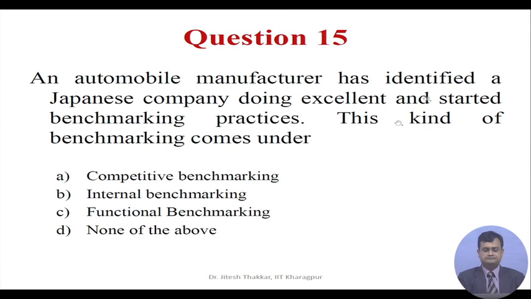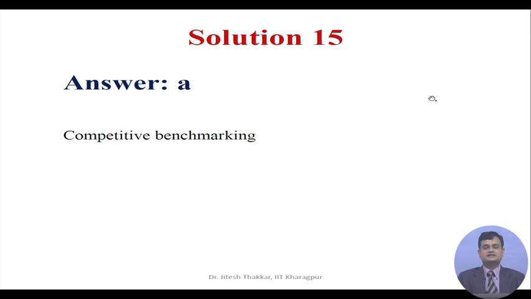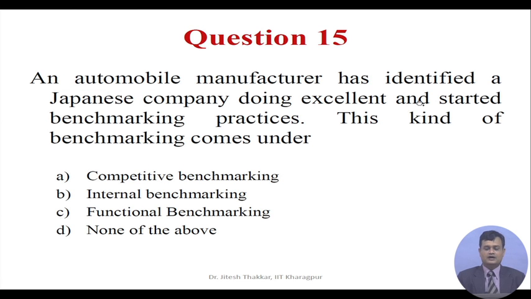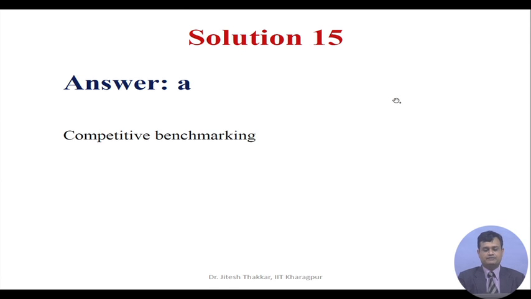You can understand that the correct answer is competitive benchmarking, because here you are trying to compare yourself with the best practices available in the industry, and you have identified one Japanese company which is performing excellent in the automobile segment, and you are trying to achieve those standards. So, basically it is a competitive benchmarking.